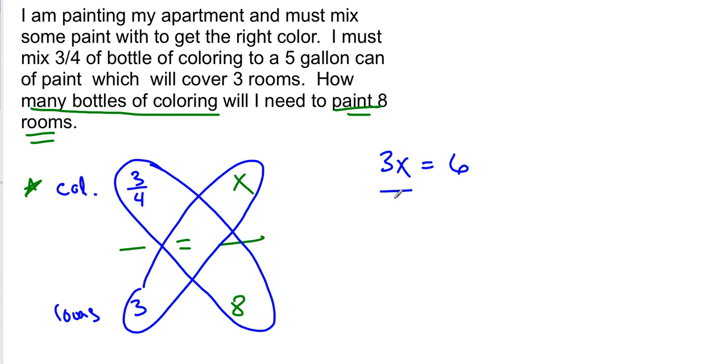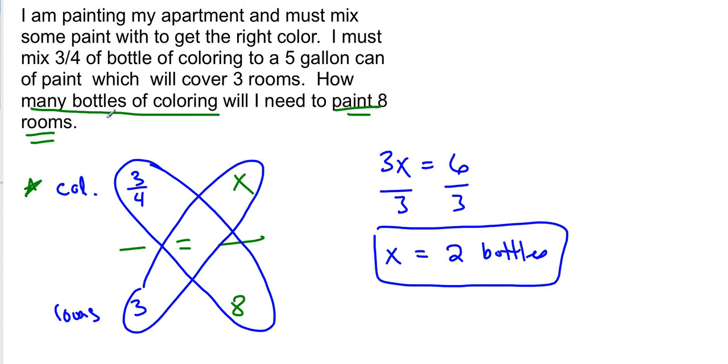Divide by 3, x equals 2. And since this is a word problem, how many bottles of coloring? I need 2 bottles. So if you set up your information in a nice fashion, like you can make yourself a little chart, sometimes it makes the problem that much easier.